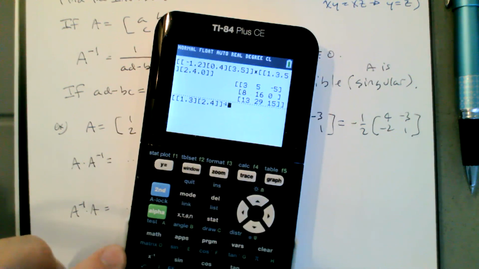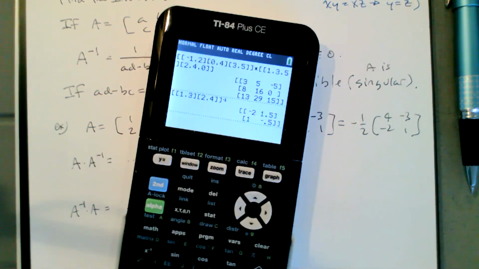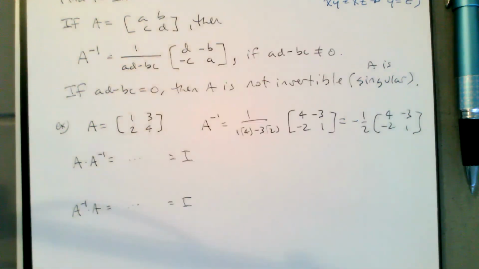In the context of matrices, this means find the inverse of the matrix. And that's what we got: negative 2, 1, 1.5, negative 0.5. So that's number 1, how to find the inverse of a matrix.